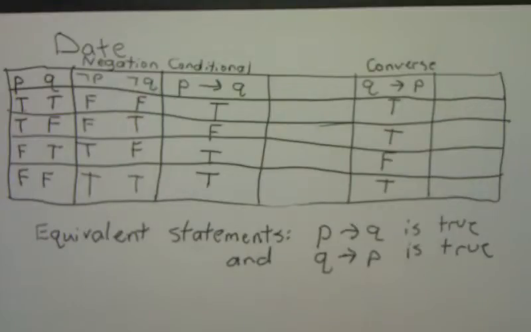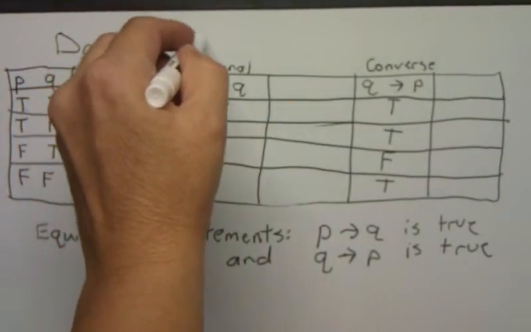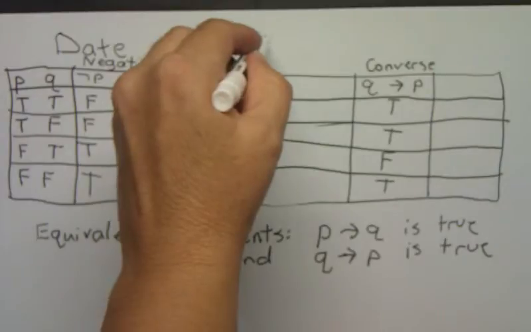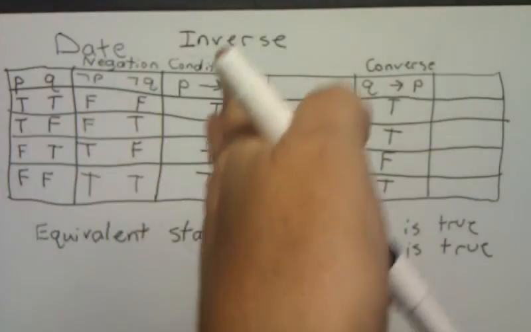Alright. Now the next one we're going to talk about is inverse. Okay. Inverse. What do you think inverse would mean? Well, if you invert something, you do the opposite, right? We invert a fraction, we put the top on the bottom and the bottom on the top.